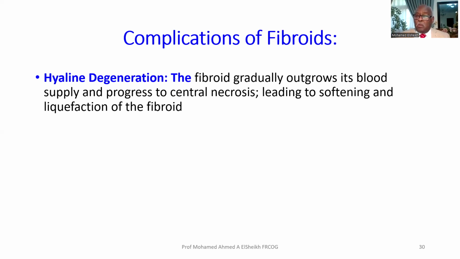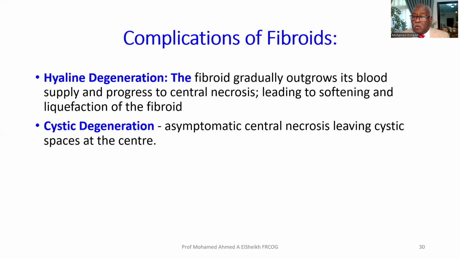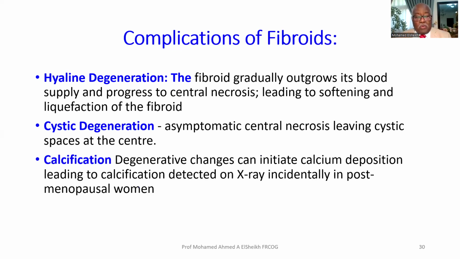This can develop from hyaline degeneration to cystic degeneration, with asymptomatic central necrosis leaving cystic spaces at the center. It's just a continuum of development of complications: hyaline degeneration, cystic degeneration, or calcification.